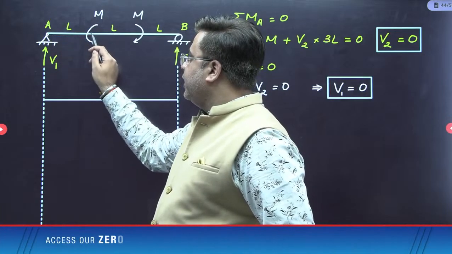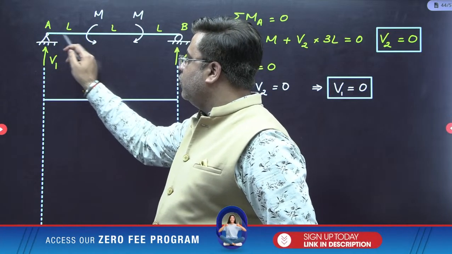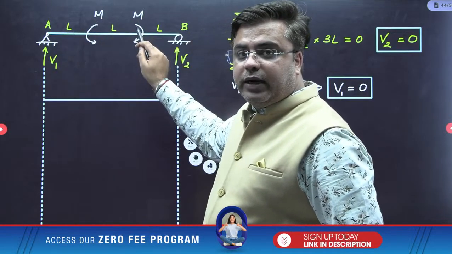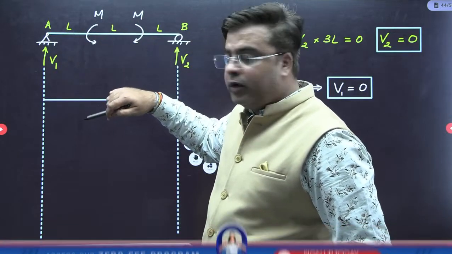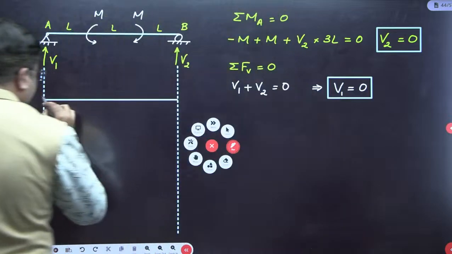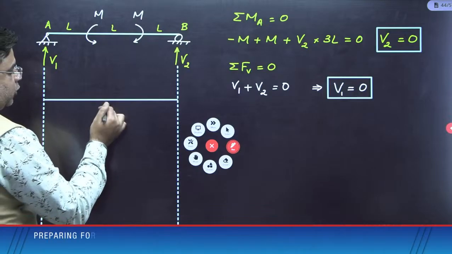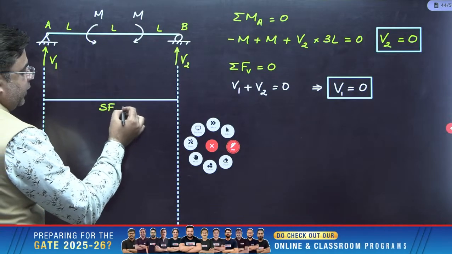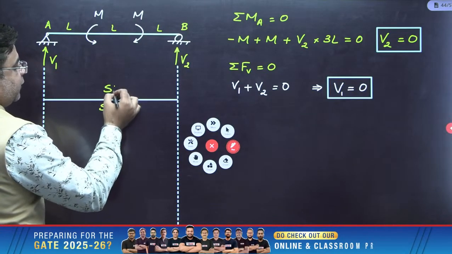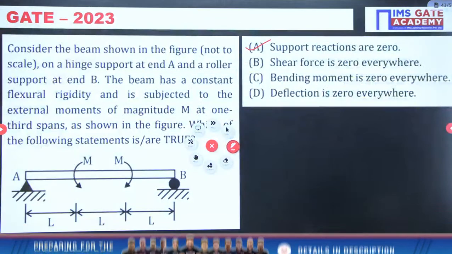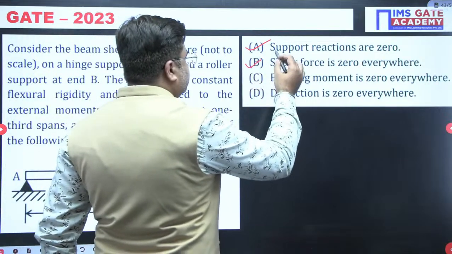From here to here, there is no load, so shear force will be 0. There is no effect of concentrated moment on the shear force diagram. So over the entire length, the shear force will be equal to 0. In this shear force diagram you can clearly see that shear force is 0 everywhere.